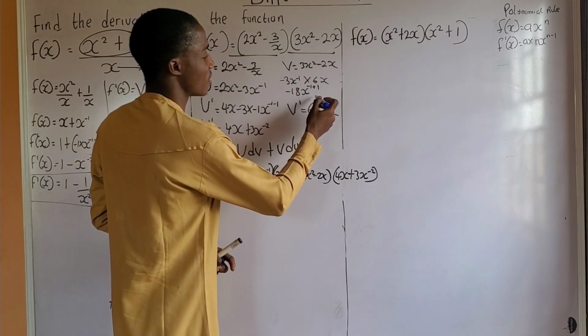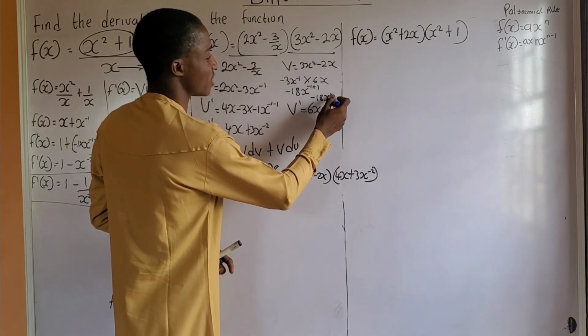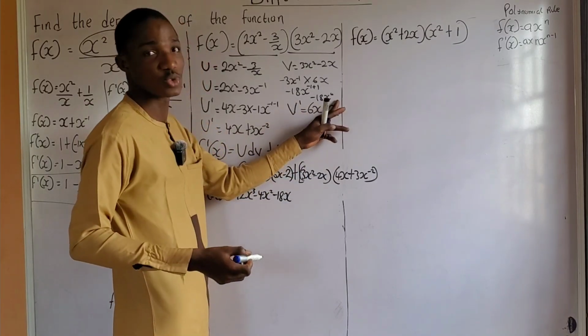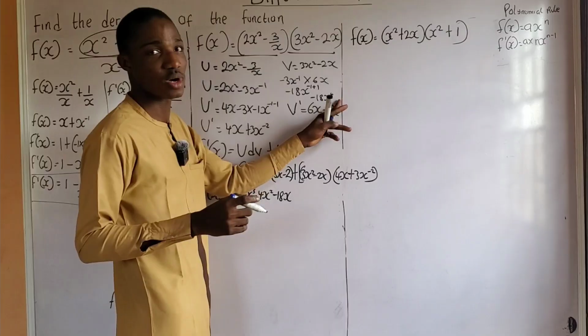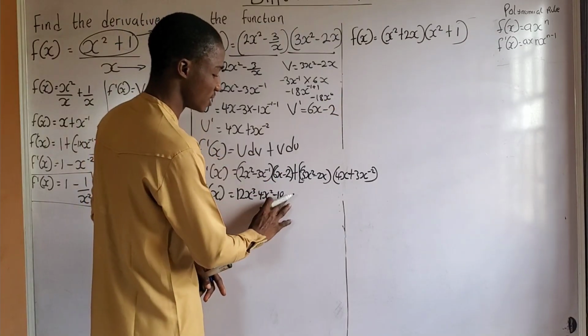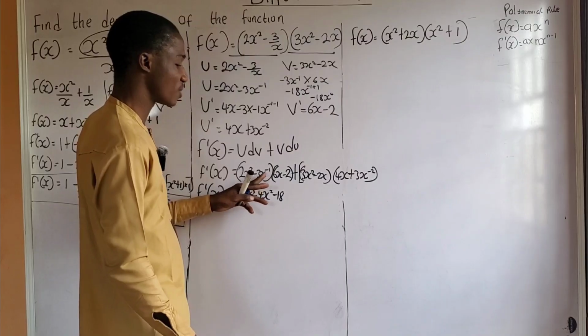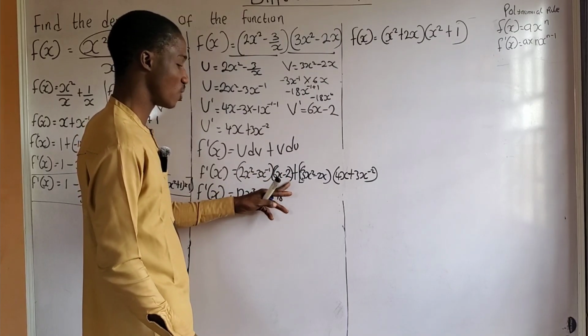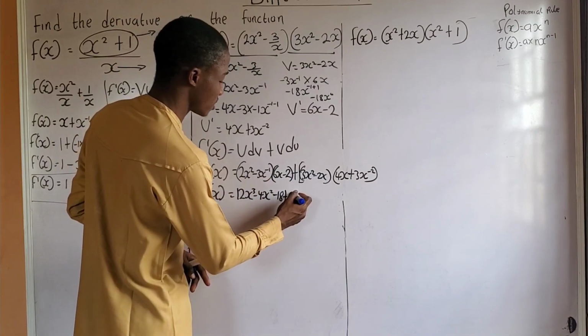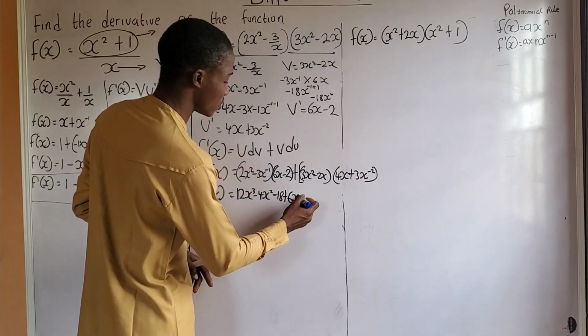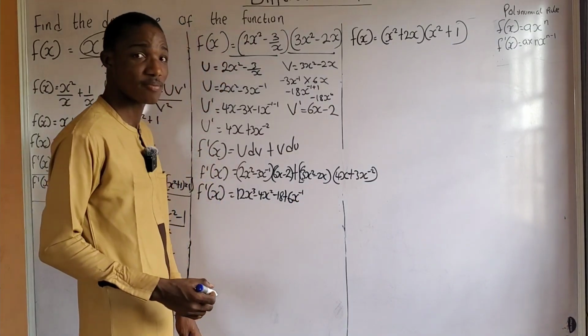So you're going to have negative 18x raised to the power 0. And x raised to the power of 0 is what? 1. Minus 18 times 1 is minus 18. So I'm going to have minus 18 here. Do you understand? Okay. Now, negative 3x raised to the power of negative 1 times 2, that will be plus 6x raised to the power of minus 1. Are you getting it? Okay.